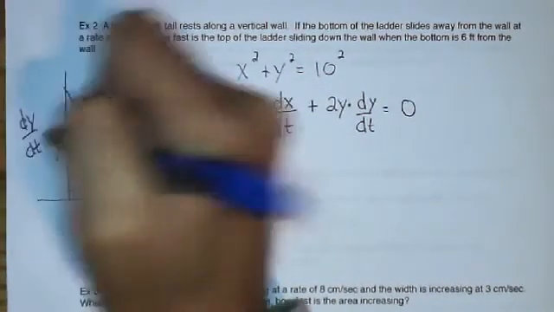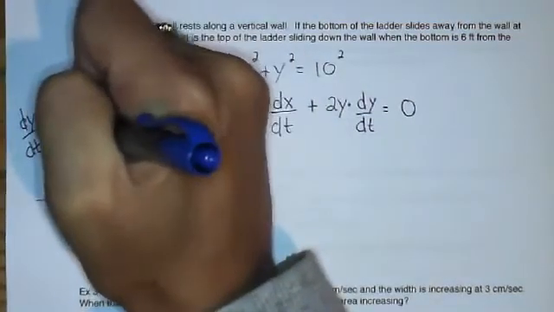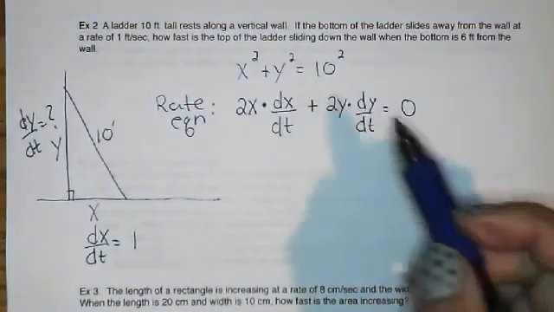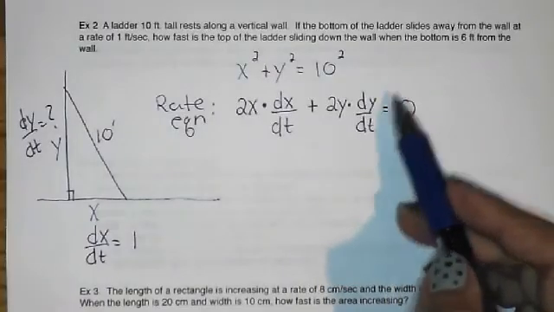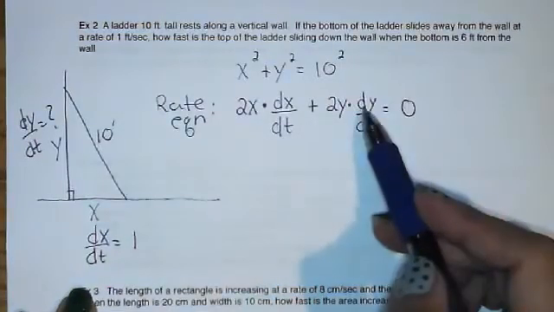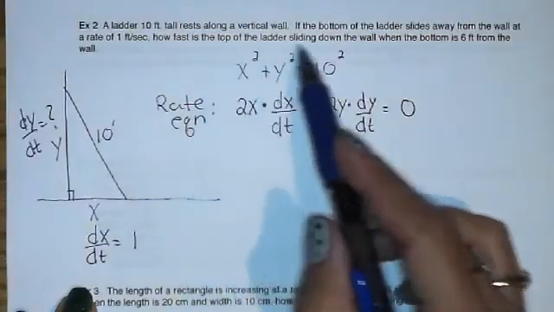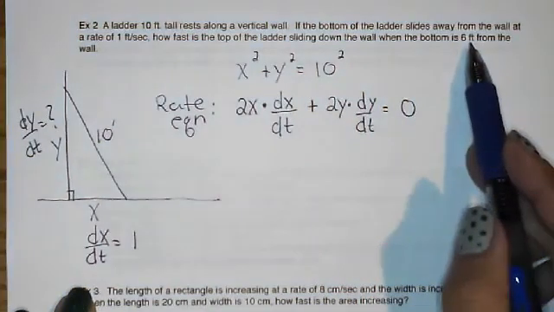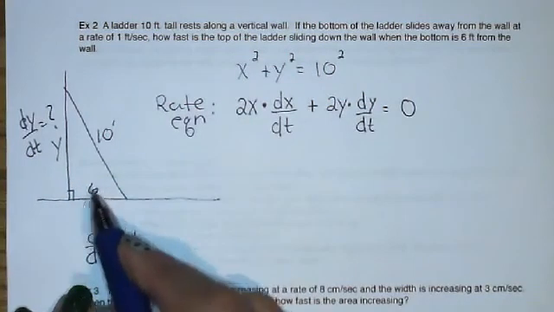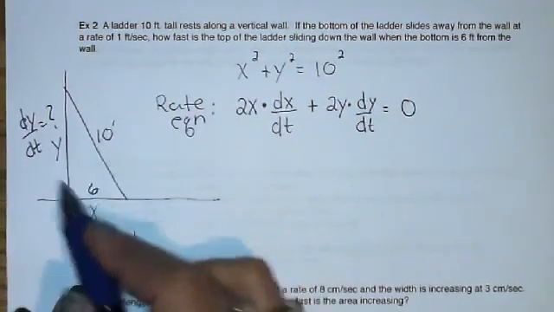How fast is the top of the ladder sliding down? That's the change in y. So dy/dt is what we're looking for. And I know that, let's see, is that all I need? Oh, I need x and y because I'm solving for this one. And I know that the bottom is 6.